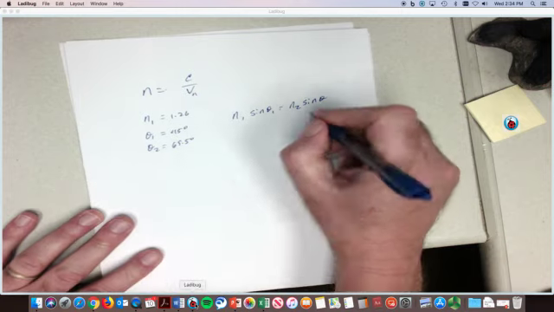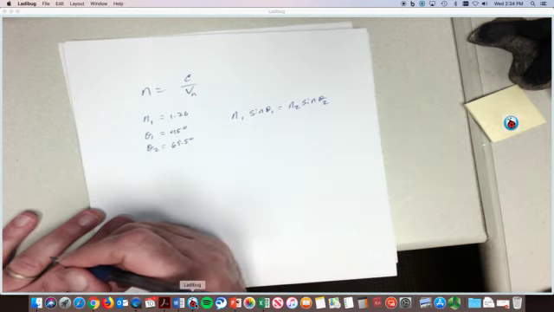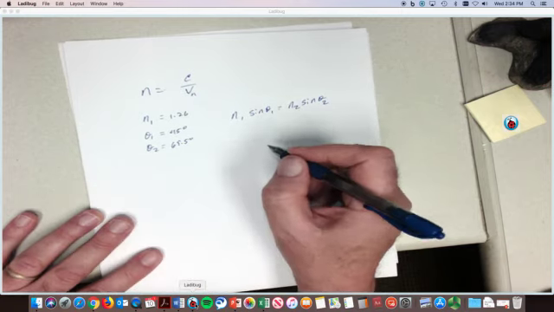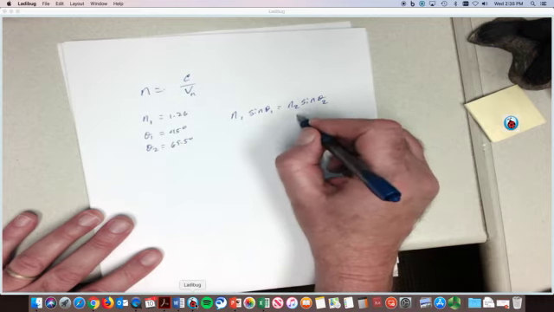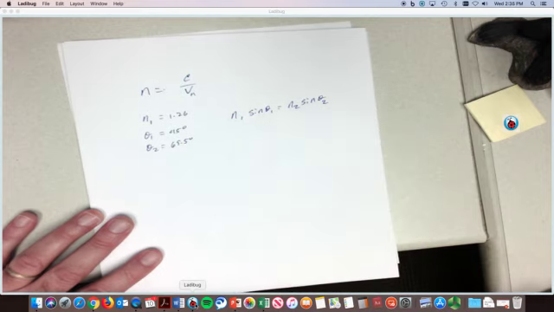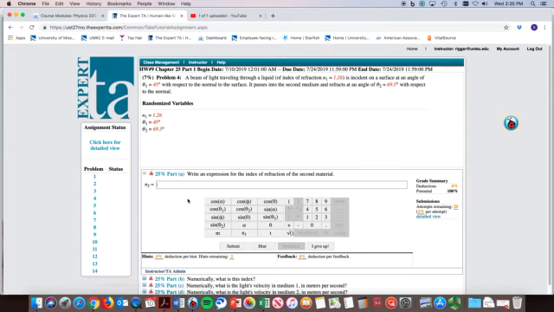This looks pretty simple because they just want an expression for N2. That's it. How hard is that? But let's make sure we do this right. Remember, this is a machine.